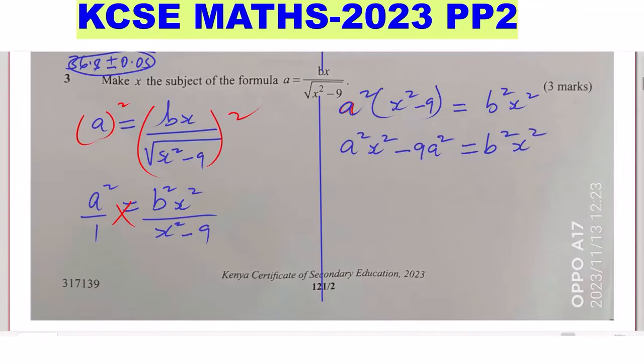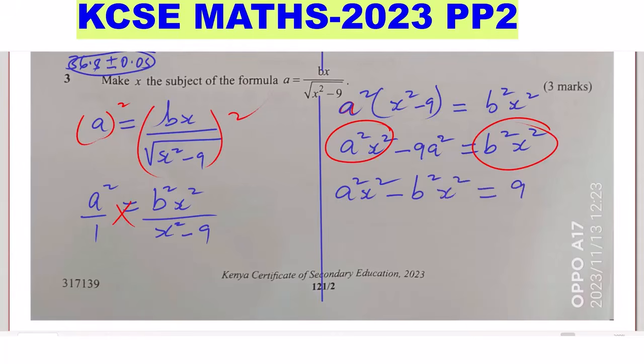Since you're making x the subject, you bring the x's to the same side. So this one and this one, you bring them together. So I will have it like this: a squared x squared, bring b squared x squared to the left hand side, you get minus b squared x squared is equals to 9a squared. The left hand side, factor out, x squared is common, so you remain with a squared minus b squared is equals to 9a squared.